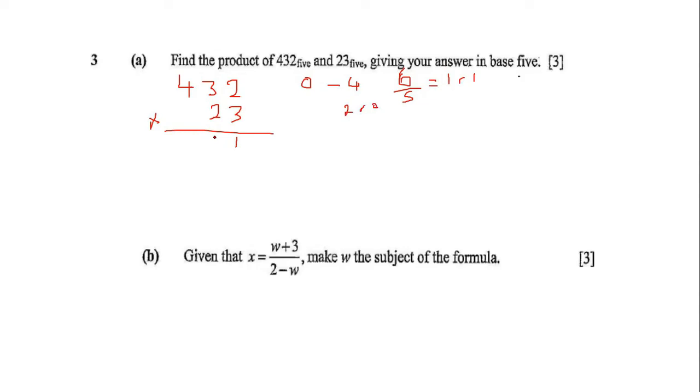We write the remainder here, which is 0, and carry the 2. Then this one is 4 times 2, which is 8. 8 plus the 2 that we carried gives us 10. So 10 divided by 5 is again 2, remainder 0. So this one is going to be 2 here, 0 there, and the 2 that we have carried. We write it like that.